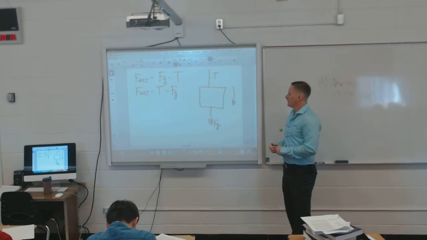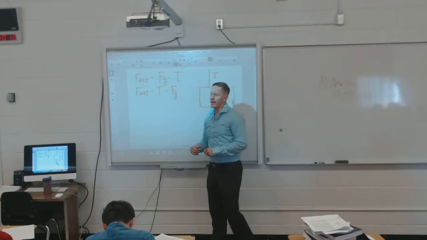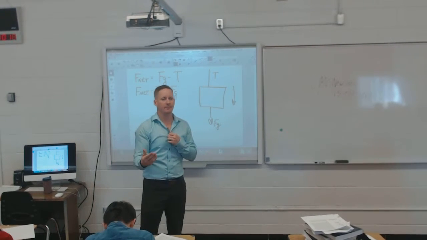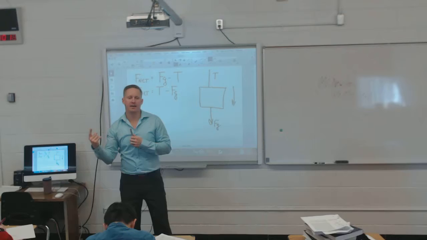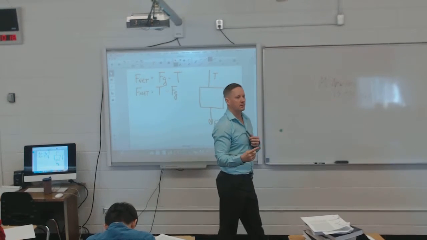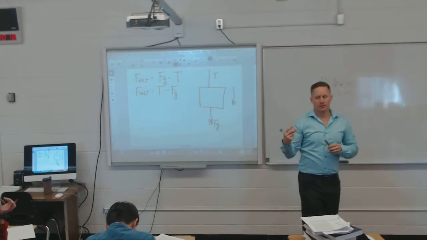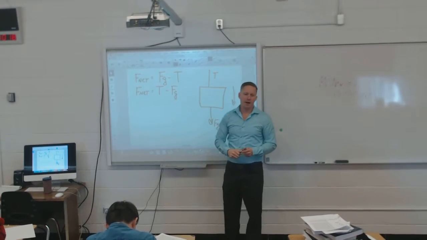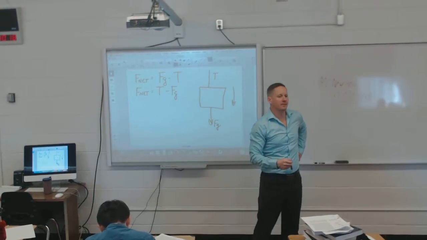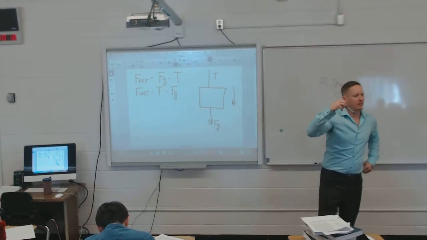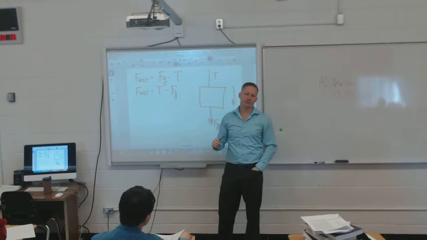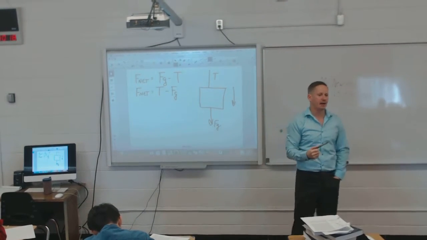So what we're looking at in this chapter that's different than the last chapter is, number one, we're going to deal with cables and strings a lot more. And the second thing is we're going to change the way we write our forces so that we always have the direction of motion being the greater one, and the force of friction and the force of gravity holding it back.